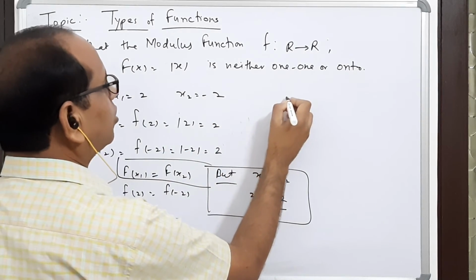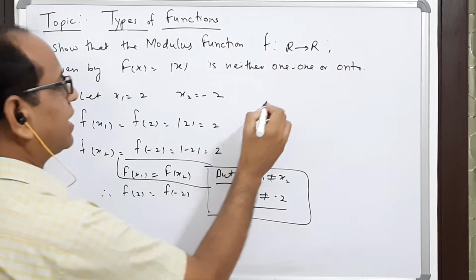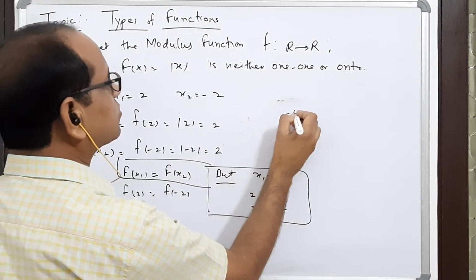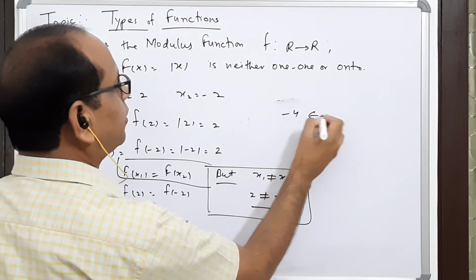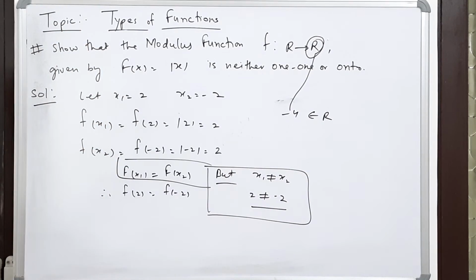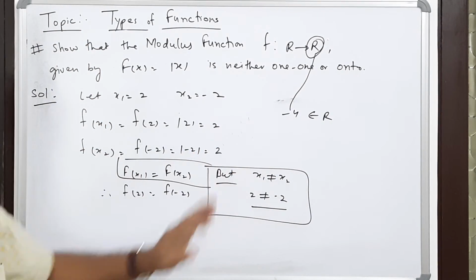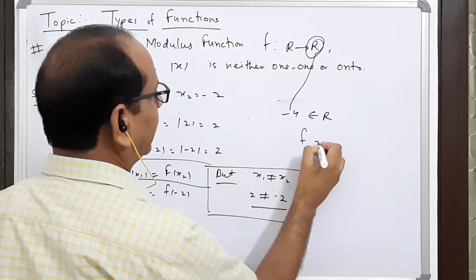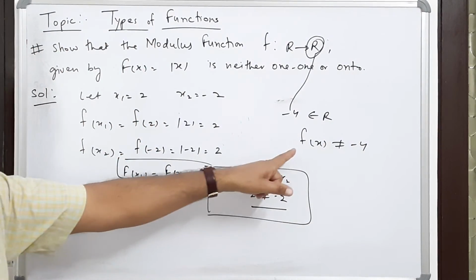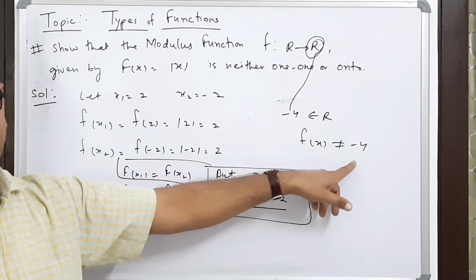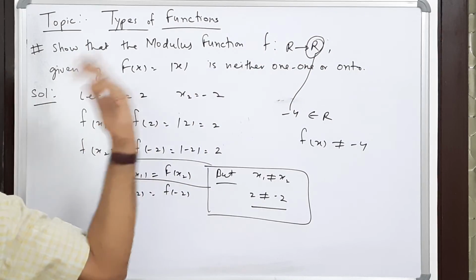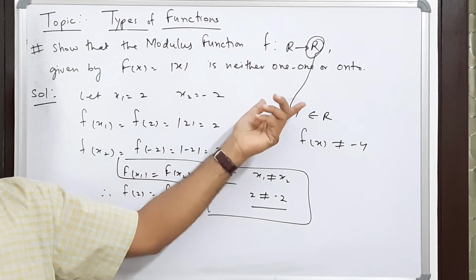And for onto, you see there is an element -2 or any element like -4. This element belongs to the real numbers, but the value of f(x) will never be equal to -4, whatever value you put. It means there will be many elements in the second set which will be unattended.